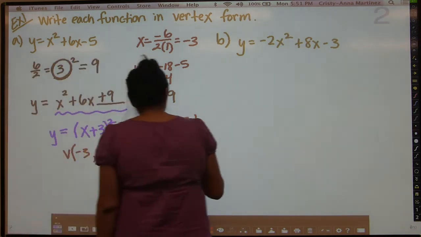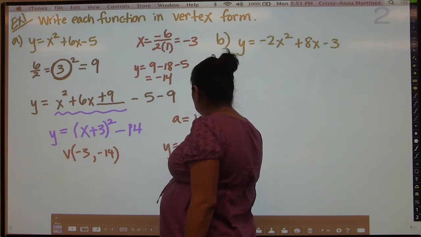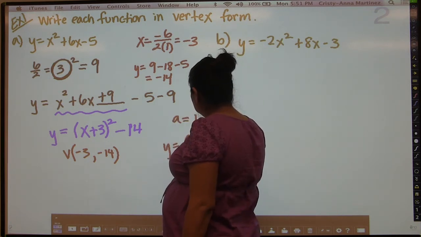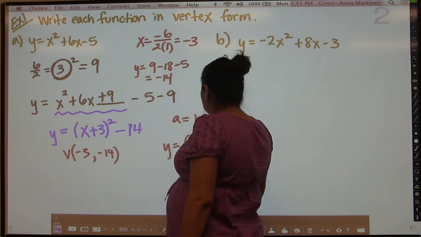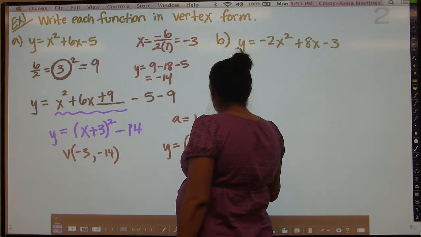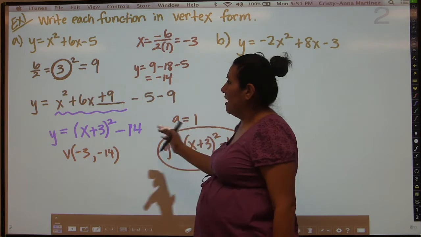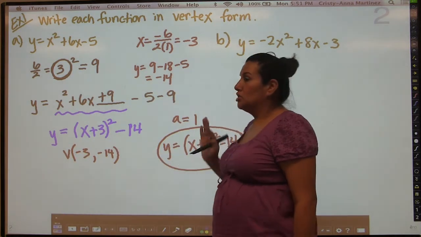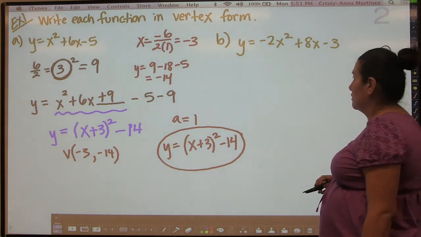So now you would know y equals, and you just plug in the vertex, x. Since the vertex here is -3, this becomes +3 minus 14, and you get the same exact answer doing it this way as we did completing the square. So I just want to give you 2 options for how to get it into vertex form.